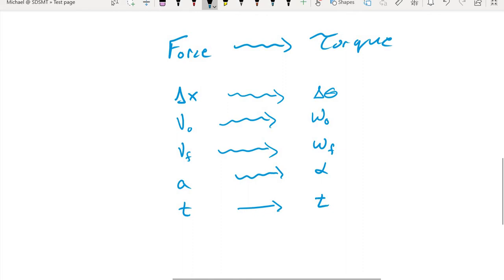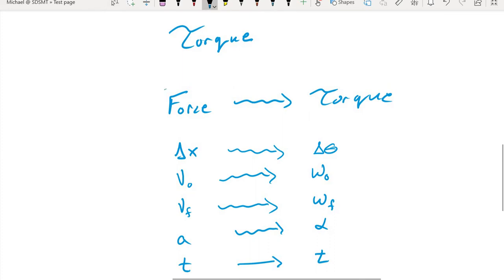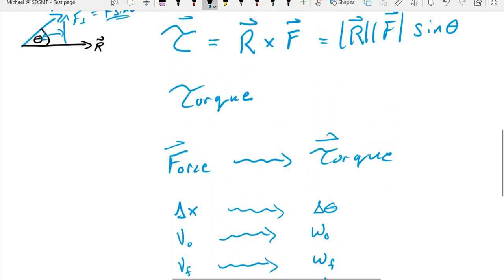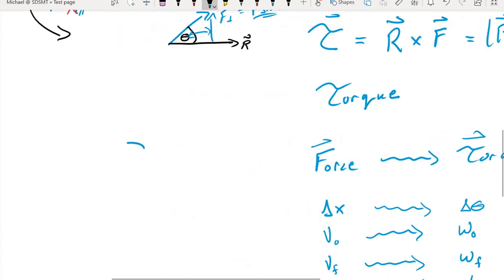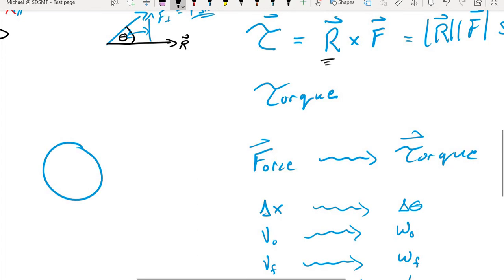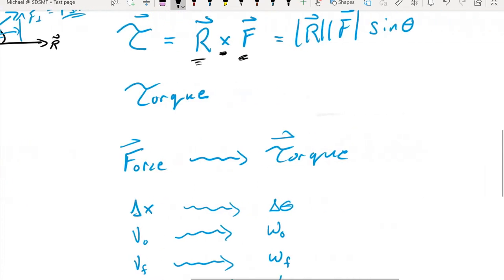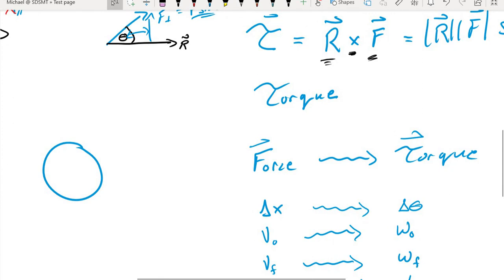The only one that didn't have an angular equivalent was time. But now, instead of having just a force, we need torque. In other words, it's not enough to know just how much force you're applying to some object that you want to rotate, but you need to know where it's being applied and how it's being applied. And that's what our cross product does. It tells us what the angle relationship is between those two vectors.